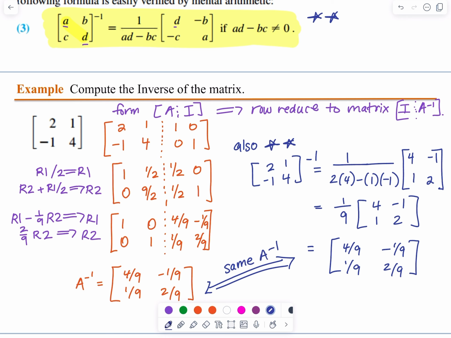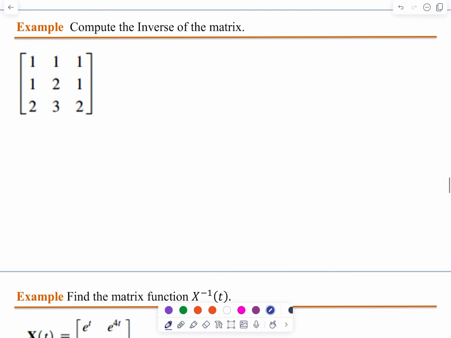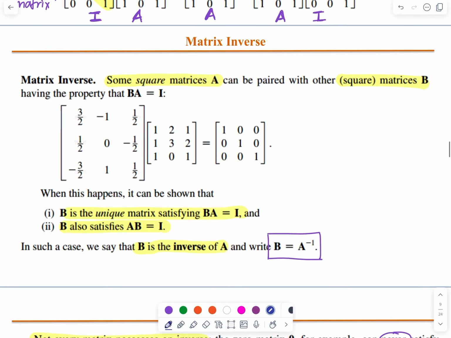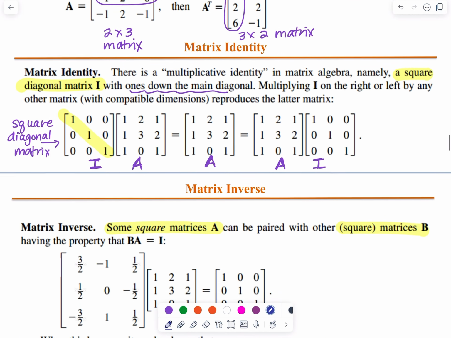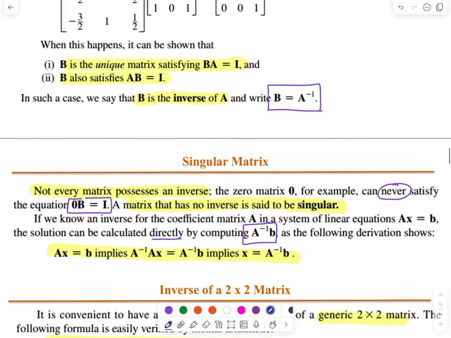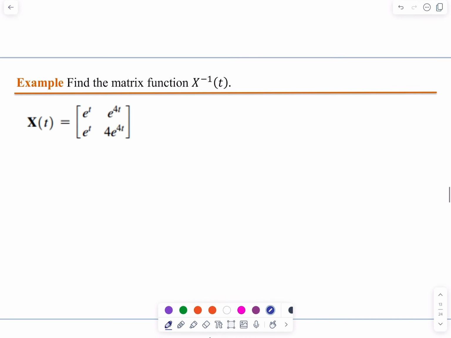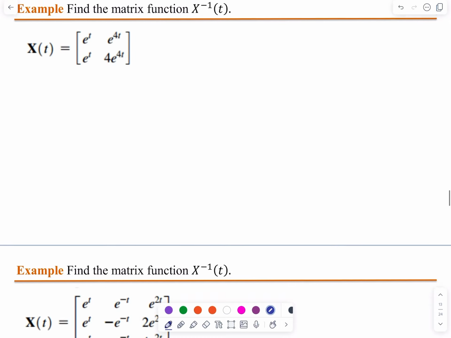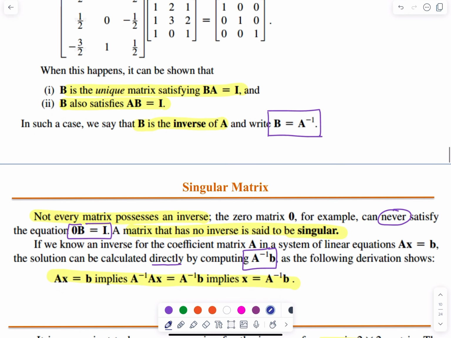Okay, let's go ahead and find the inverse of this 3x3 matrix. Now we can see where we had this formula. Well, actually, this goes into a statement further down in the lesson where we have these statements right here about not every matrix possessing an inverse.